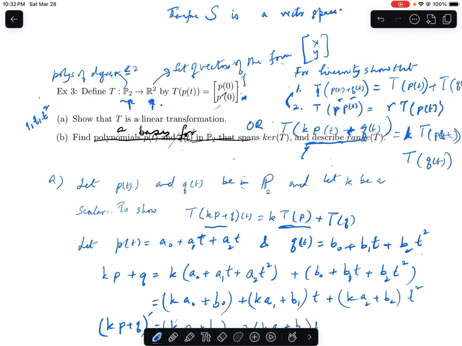But first we start with what p looks like. It will be a polynomial of this type, a0 plus a1 t plus a2 t squared, and q(t) will be b0 plus b1 t plus b2 t squared.